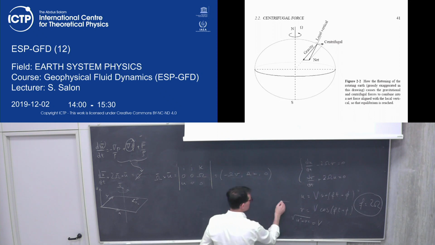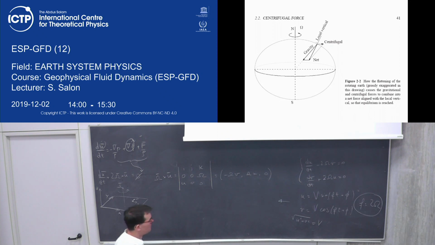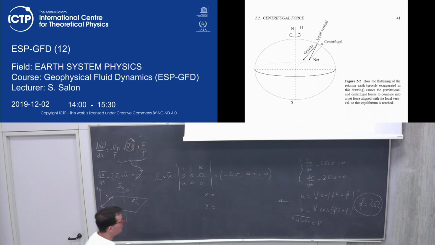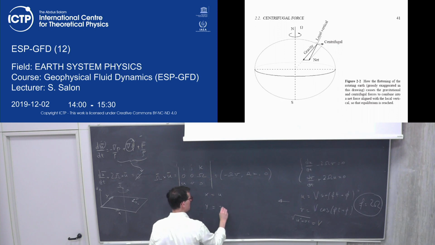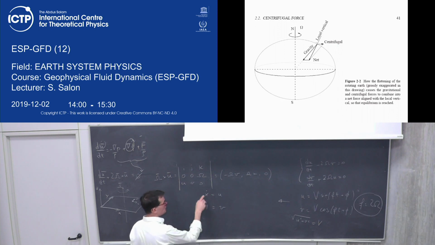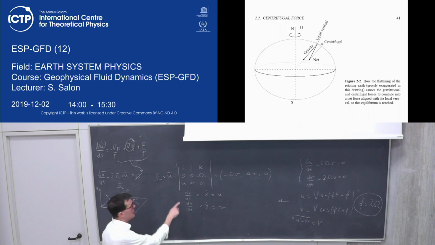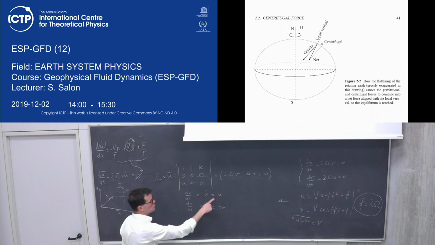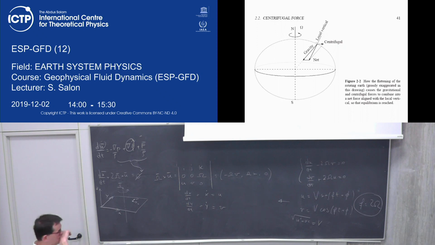But from here, I can make one step further and calculate x and y, because I know that x dot and y dot, which is dx/dt and dy/dt, is the equation which relates the displacement x to the velocity u and the displacement y to the velocity v, so the two components.